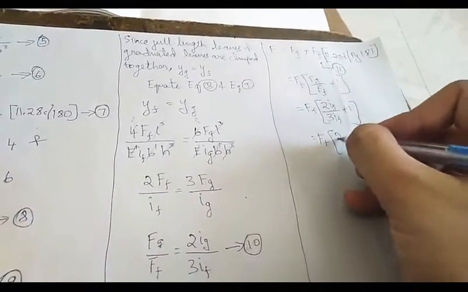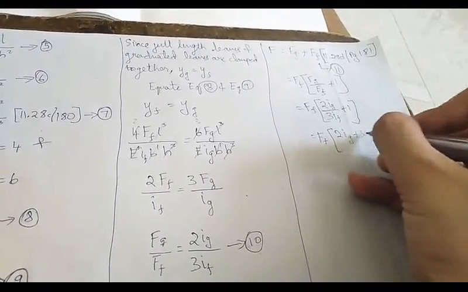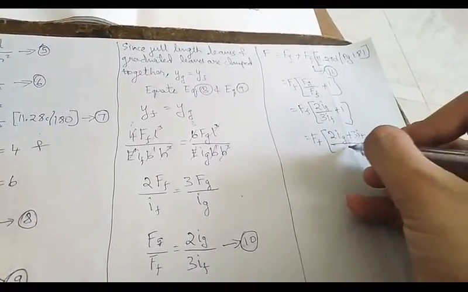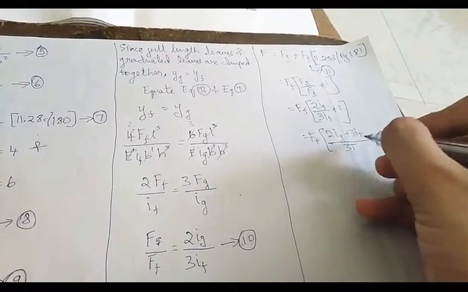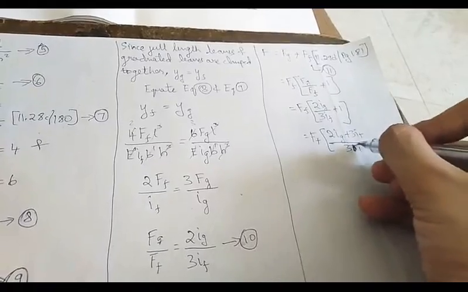We'll take the LCM: 2Ig plus 3If by 3If.